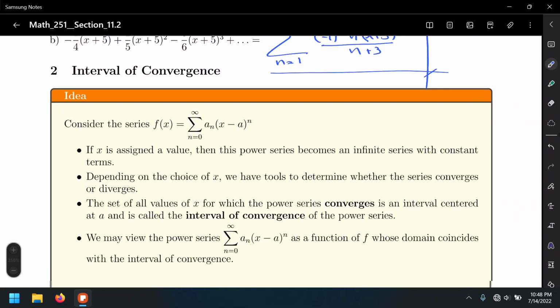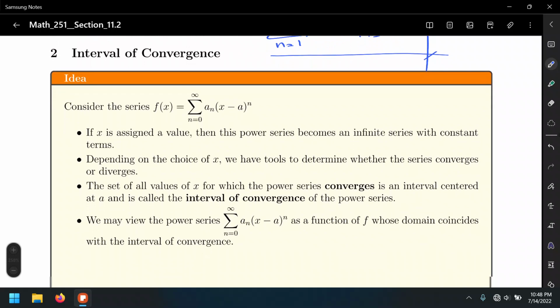Now let's define what the interval of convergence is. The interval of convergence is nothing other than like finding the domain of a function, because, like we mentioned before, these power series are functions. So we're finding the interval on which the series will converge.